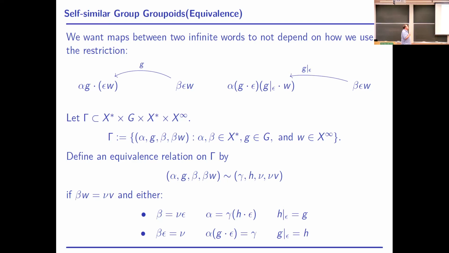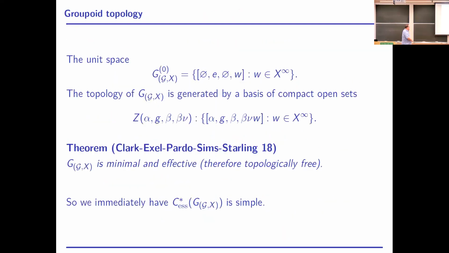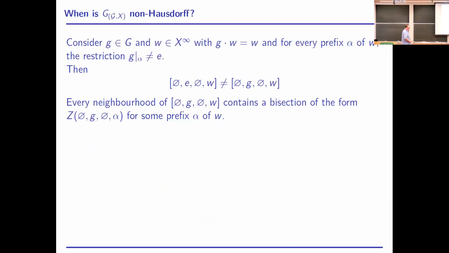Because you can have three points, and one sequence converges to the first two, and a second sequence converges to the second two, and nothing converges to the first and last. I think the groupoid fixes that, but maybe for groupoids, that's why we say the alpha space has to be Hausdorff.